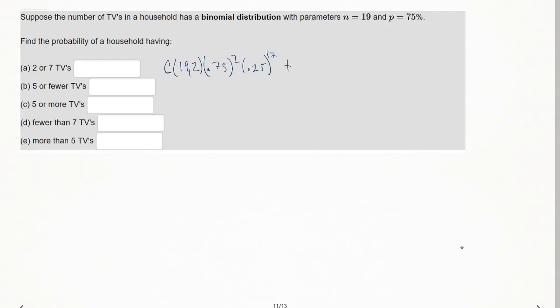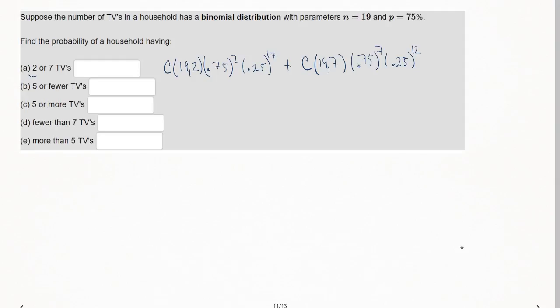Plus, now that's the case for 2 TVs. In the case of 7 TVs, we would put 0.75 raised to the 7th and 0.25 raised to the 12th, because 19 minus 7 is 12. So that's where those numbers are coming from.